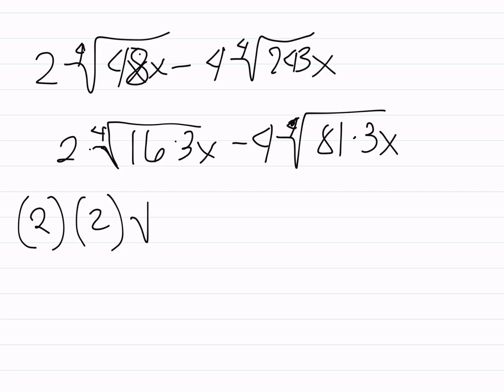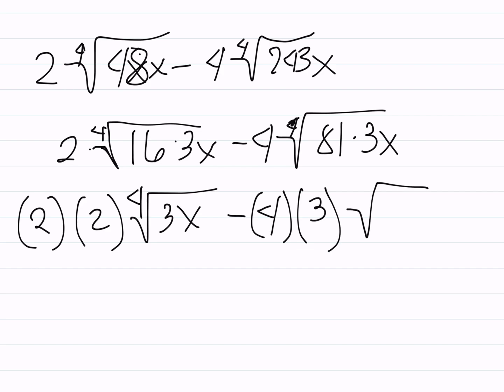Next, the fourth root of 3x minus 4 times, what's the fourth root of 81? Of course, the fourth root of 81 is 3 because when you multiply 3 by itself 4 times, the product is 81. And fourth root of 3x.